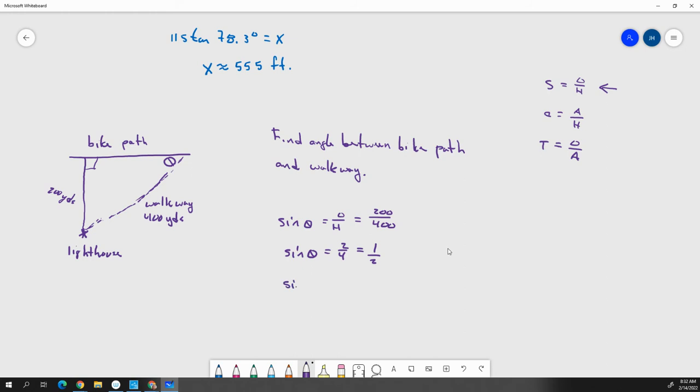Does anyone remember what sine theta equals 1/2 is in degrees? We went over this one when we were on the unit circle. It lands somewhere. There's an x, y value. If you remember correctly, sine equals y.